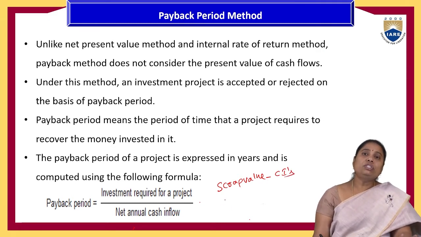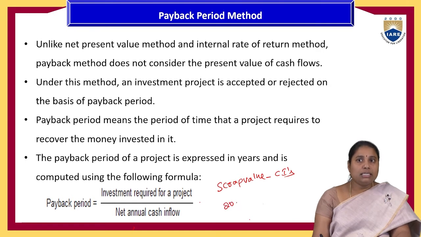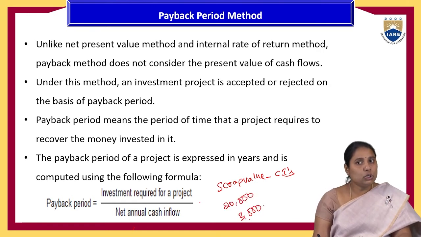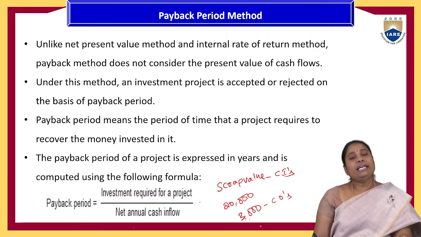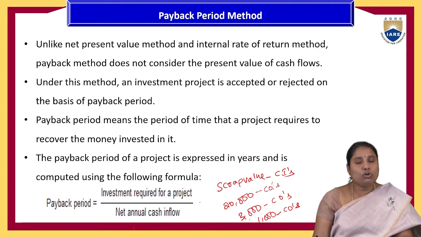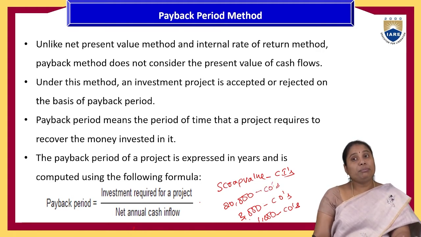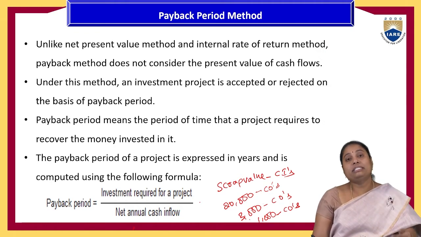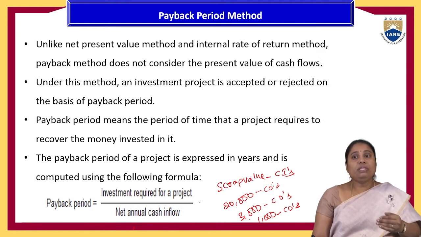Or if a machinery's cost is 20,000 and installation cost is 3,000, this 3,000 will be called cash outflow. Or if they have paid 1,000 rupees for maintenance and repairs, that will be called cash outflow. So machinery cost is also cash outflow, as are any insurance premium or repair and maintenance bills they pay; everything is an expenditure of the organization.